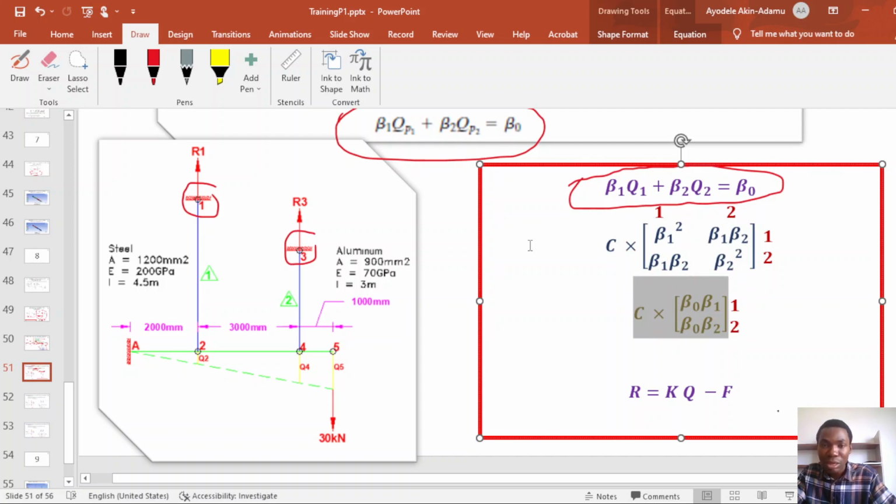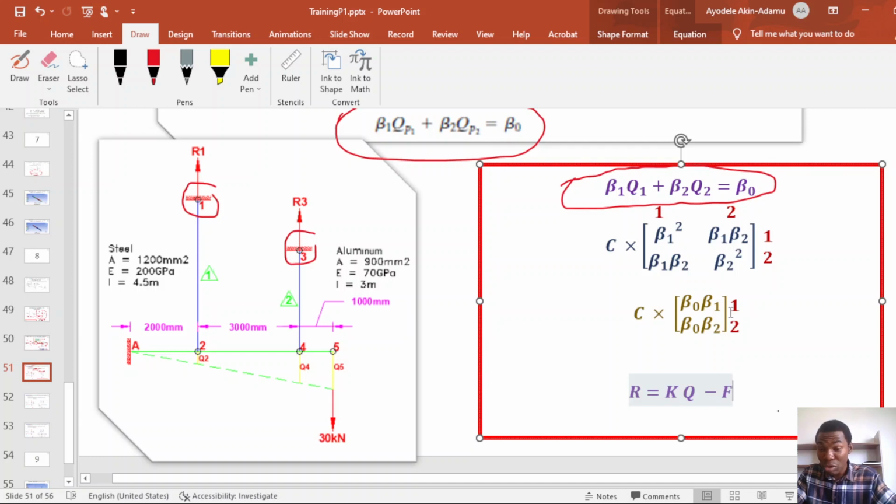So you should note the important formulas here: this formula, this formula, this formula, and this formula. When you are done modifying your global stiffness matrix and your force vector, you can determine the displacement by inverting the modified global stiffness matrix, multiplied by the modified force vector.